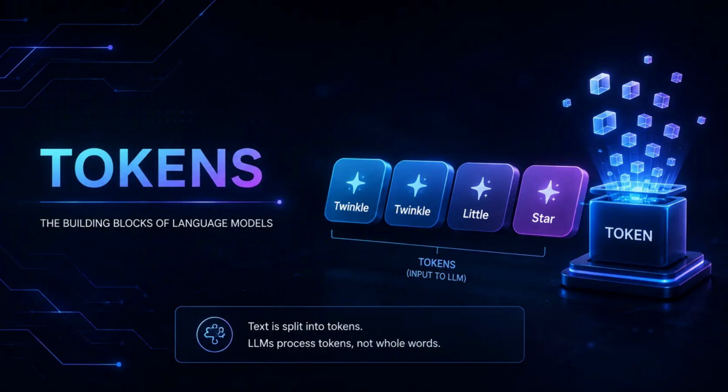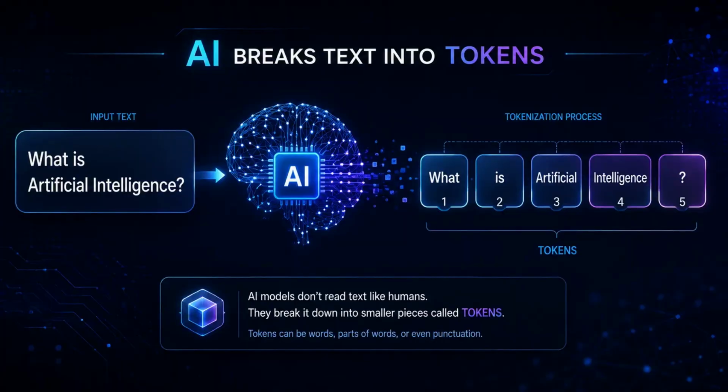But here's something interesting. Models never read words, they read tokens. Think of tokens as Lego blocks, and your entire sentence is being built by these small tokens. As an example, let's say you are typing, "what is artificial intelligence?" It can break into multiple tokens like "what," then "is," then "artificial intelligence." But it's not always that one word equals one token.